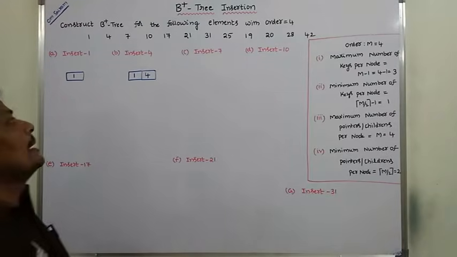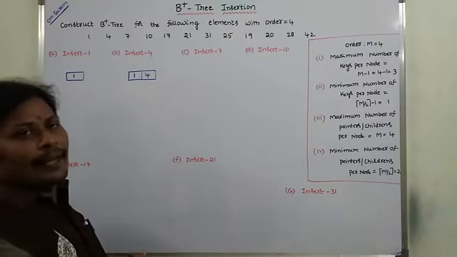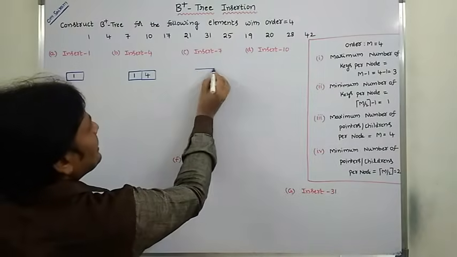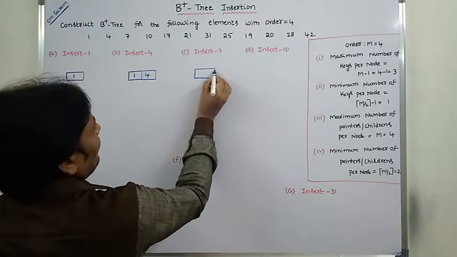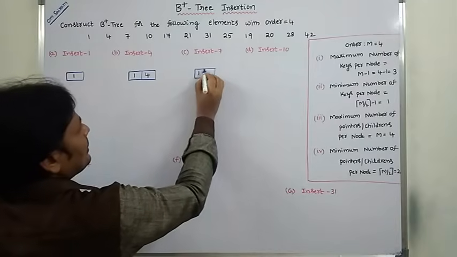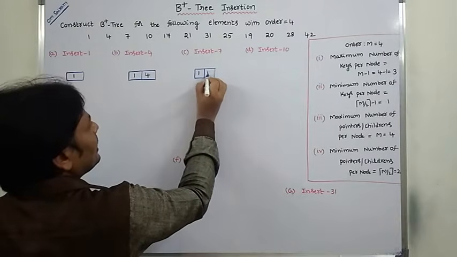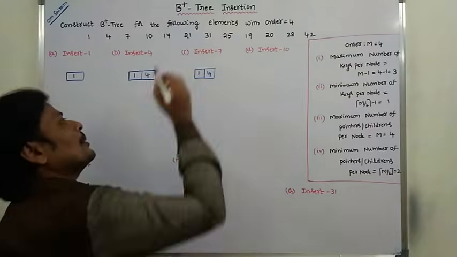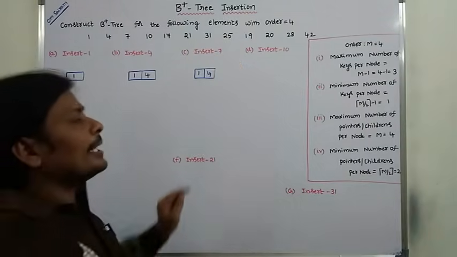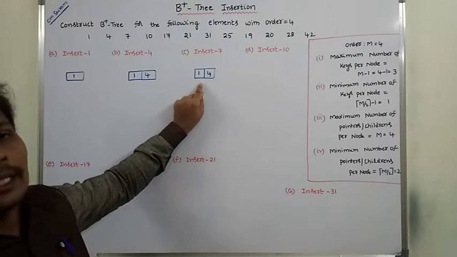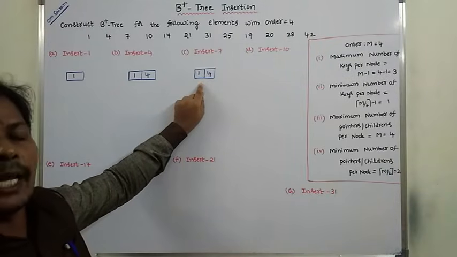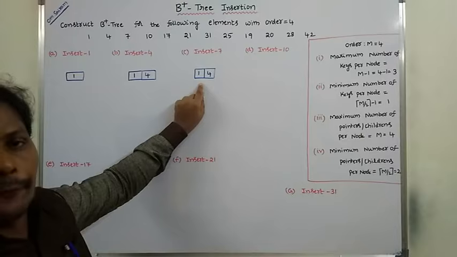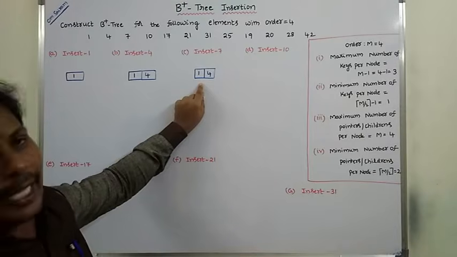Next, insert 7. Before inserting 7, the previous B plus tree contains a node that contains two key elements, 1 and 4. Now, can 7 be inserted into the same node or not? Each node in a B plus tree of order 4 holds a maximum of 3 key elements.